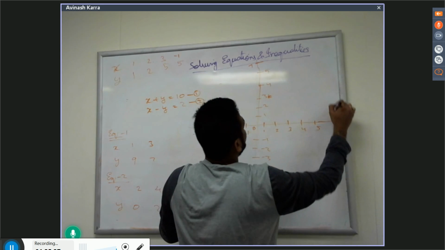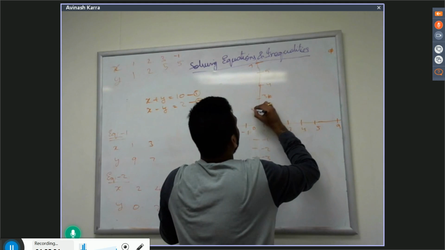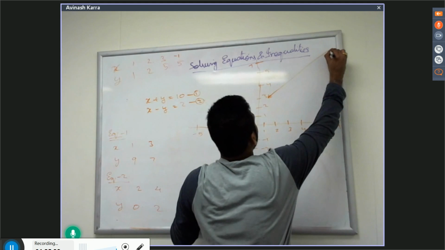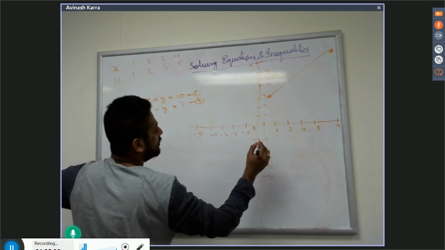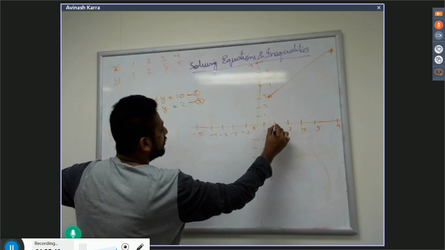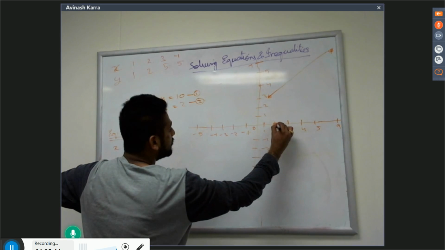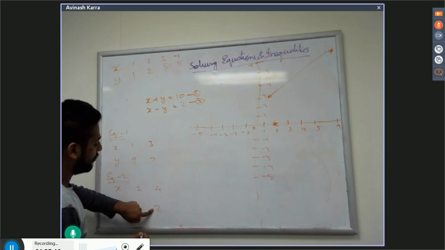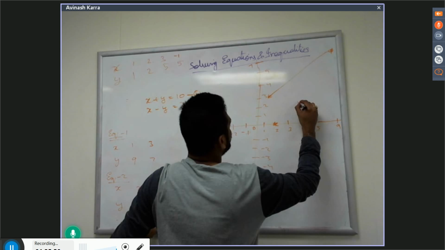So the line goes this way. Okay, and what is this? 2, 0. And 4, 2.